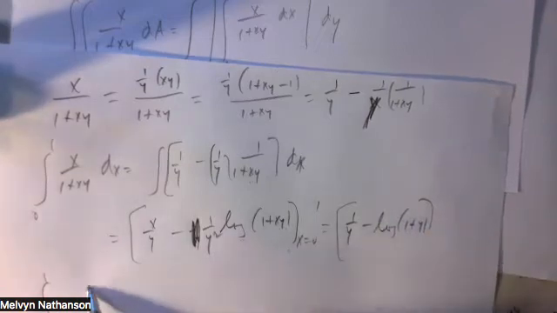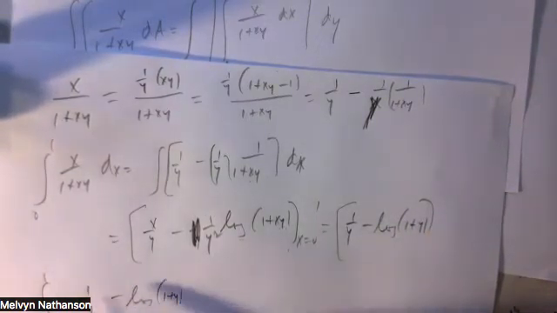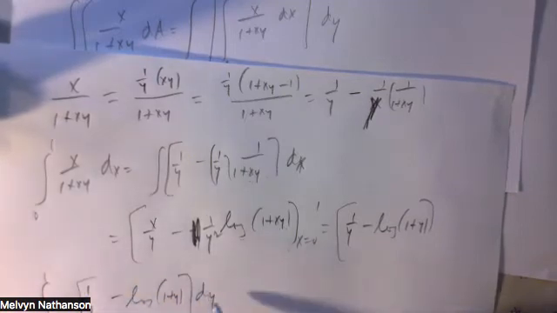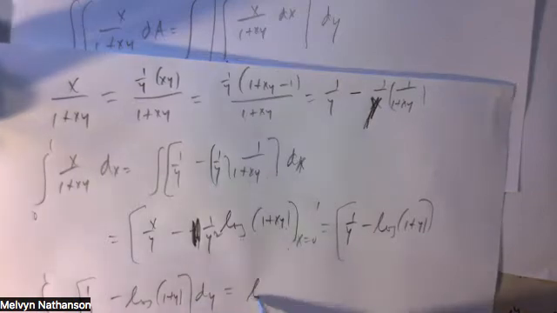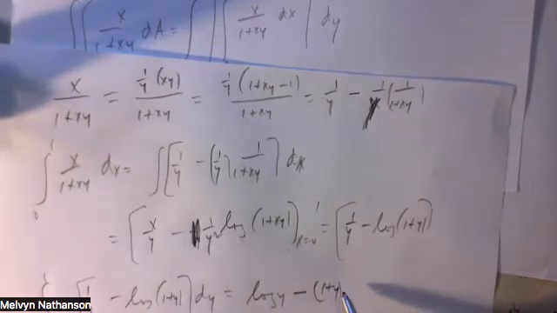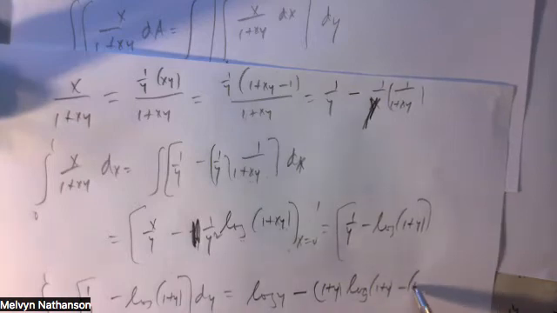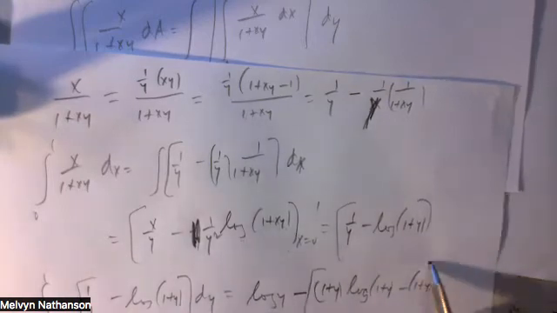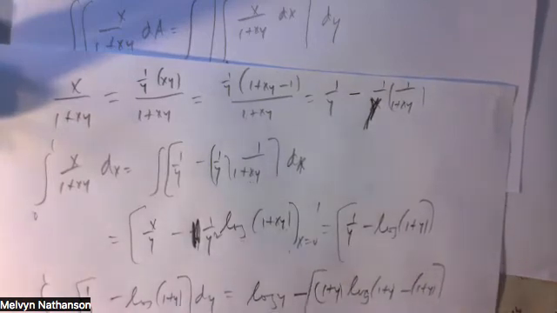I just get this. So then if I integrate from 0 to 1, 1 over y minus the log of 1 plus y dy, this looks like this. The integral of 1 over y is log y, minus 1 plus y times log of 1 plus y minus 1 plus y. Let's see.